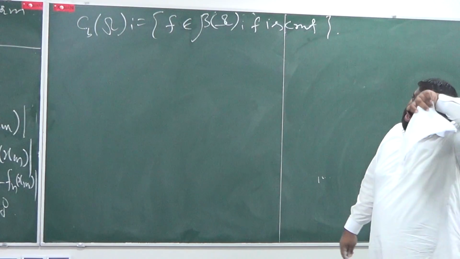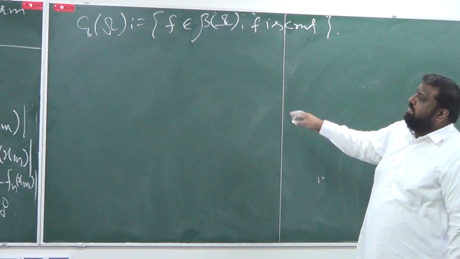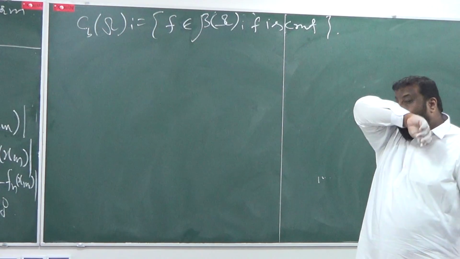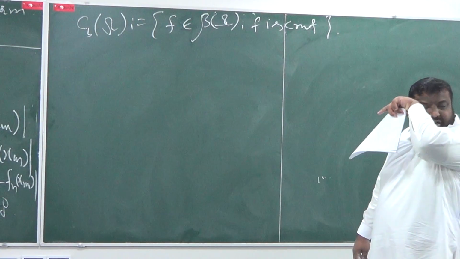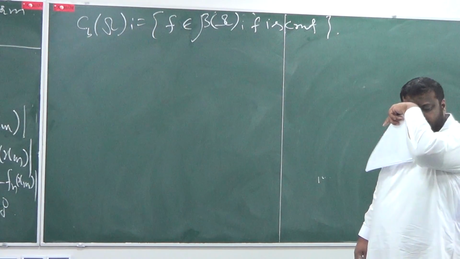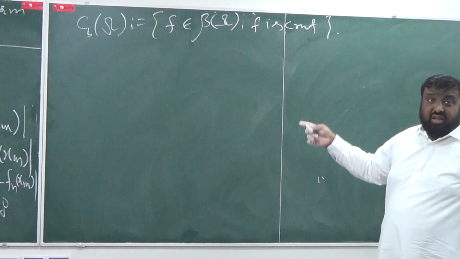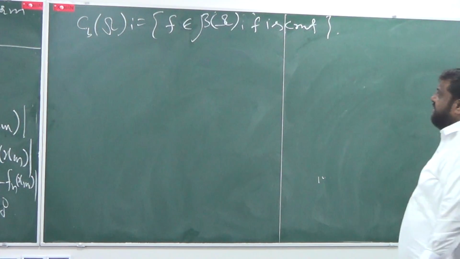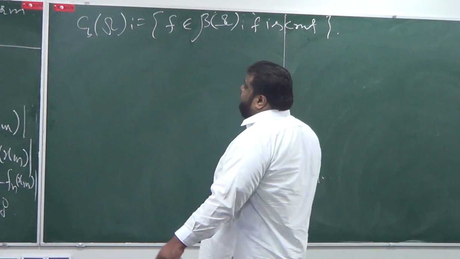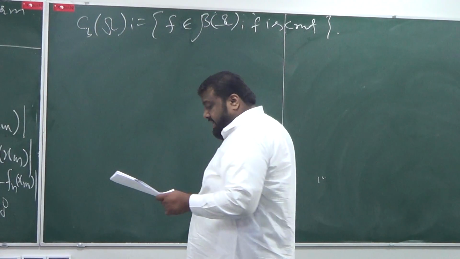So the set of all bounded continuous maps. What would be the key difference between this and the C_b? There you have only continuous functions, right? Here you are talking about all bounded continuous functions over an arbitrary omega space. You denote it by C_b of omega.